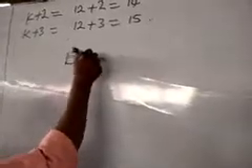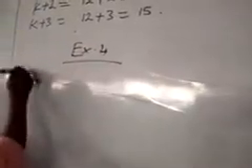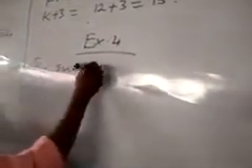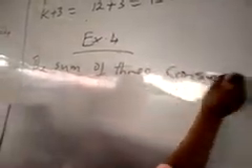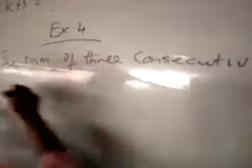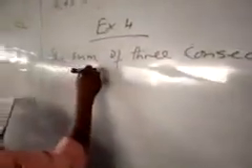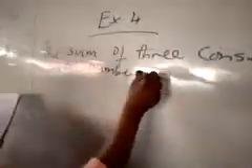The next one, the last one, example 4. The sum of 3 consecutive even numbers is 60.